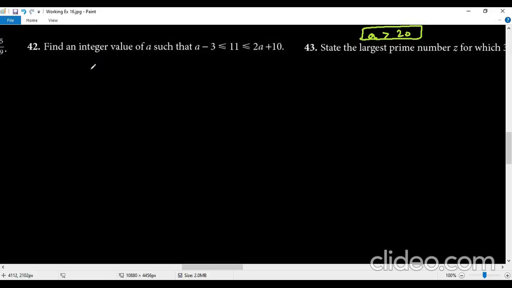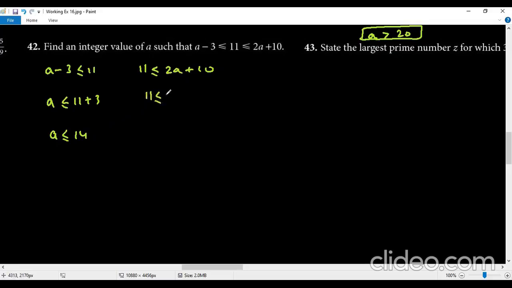Now comes question number 42. We need to satisfy both the inequalities. You need to find the integer value of a such that both the inequalities can be true. a minus 3 is less than or equal to 11, and 11 is less than or equal to 2a plus 10. We need to find the value of a. So this gives you a less than or equal to 11 plus 3, which is 14.